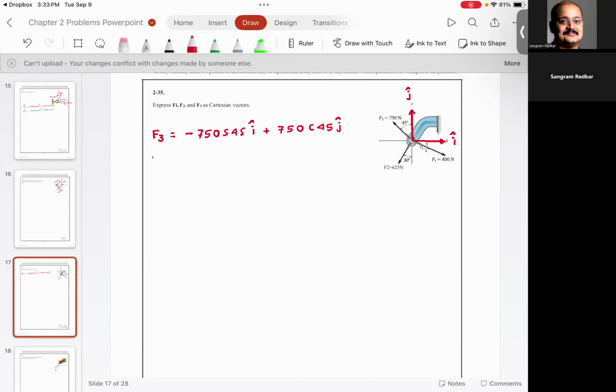Tell me about F2. Negative 625 sine 30 I and minus 625 cosine 30 J. Are you with me?